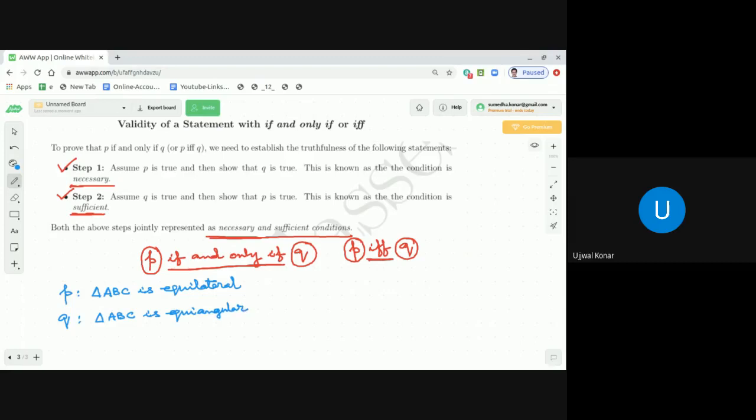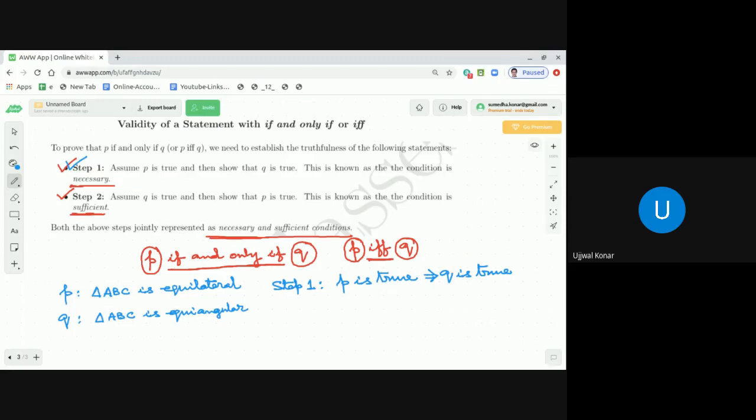Now, if we assume that P is true according to step 1, let me write it down here, dear students. What is step 1? We are assuming that P is true, that means we are taking the triangle ABC as equilateral. Now with that assumption, we are able to prove that Q is true, so we are able to prove that the triangle is also equiangular.